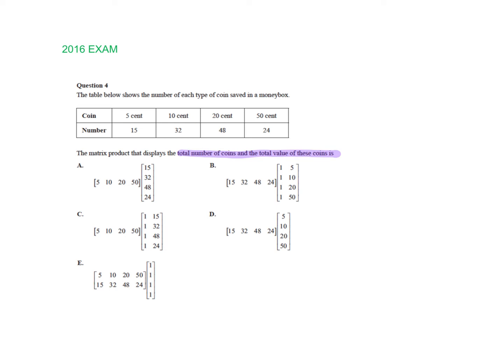So really you want a matrix that's going to have 2 elements, because one element will be the total value, and the other element would be the total number of coins.